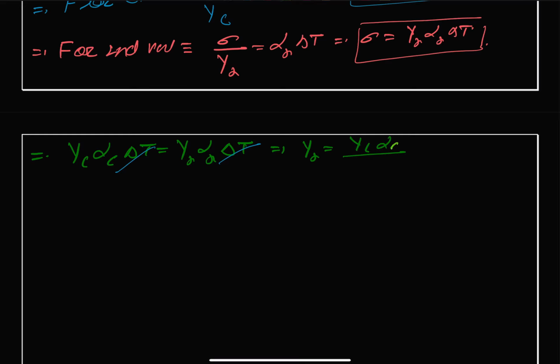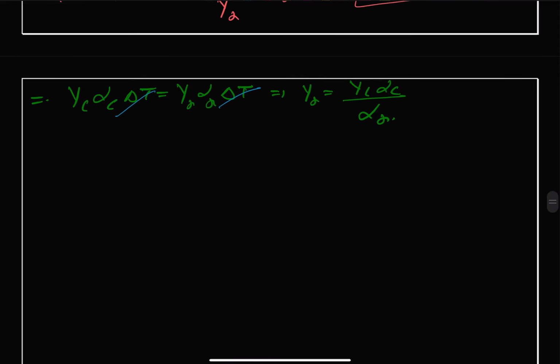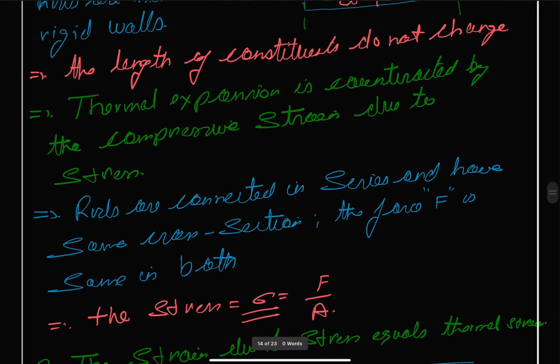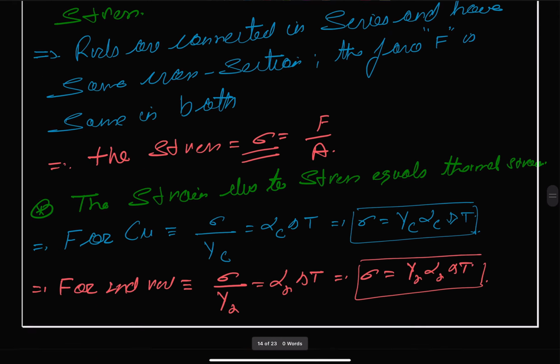Yc, alpha c upon alpha x, and we know all these values. So we get our Y of x is equal to 1.3 into 10 to the power 11 and 1.7 into 10 to the power minus 5, and this comes as 2 into 10 to the power minus 5.